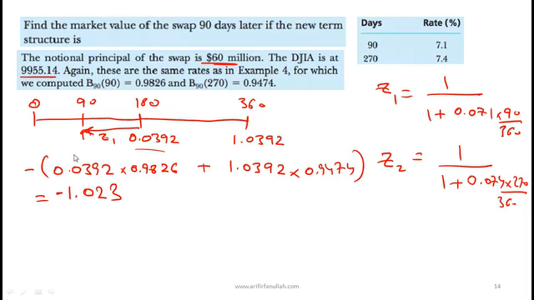On the equity side, we have gone down from 10,333 down to 9,955. So what you do there is 9,955.14 divided by 10,033.27.